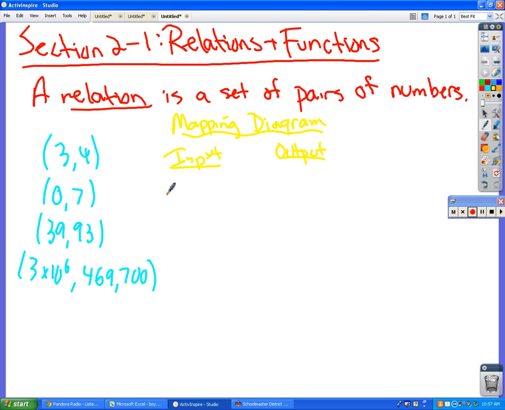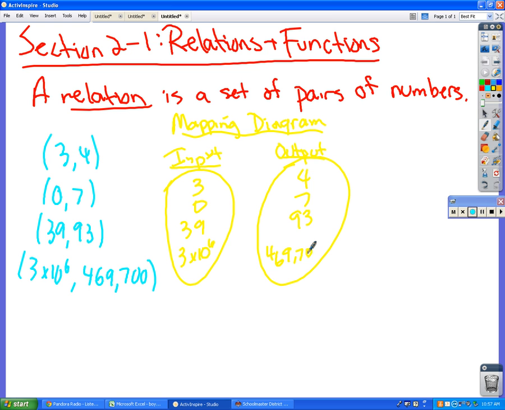For this one, my inputs are 3, 0, 39, and 3 times 10 to the 6th. Tricky stuff, huh? My outputs are, anybody? The second numbers: 4, 7, 93, and 469,700.